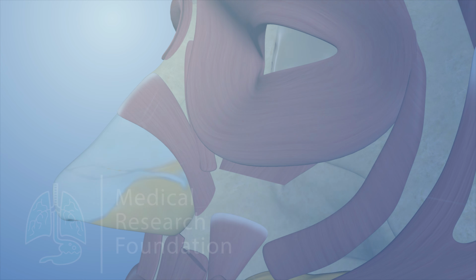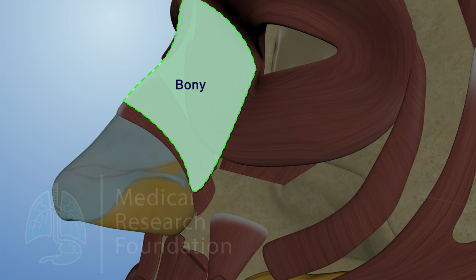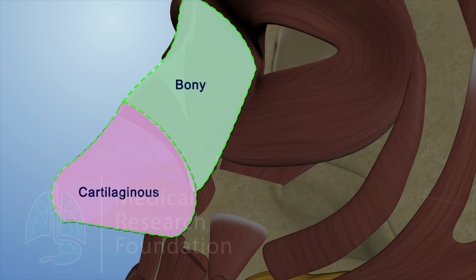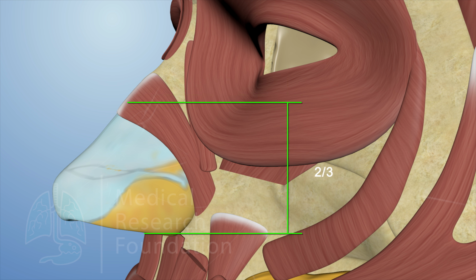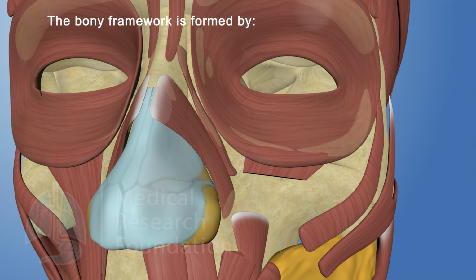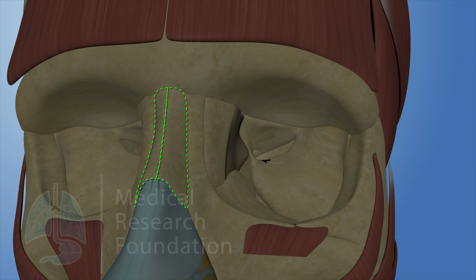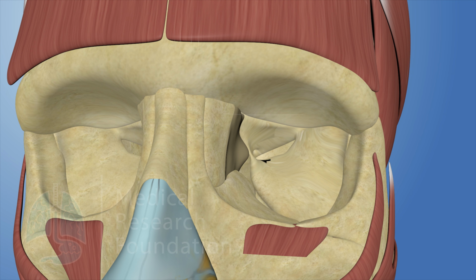Skeleton. The skeletal framework of the external nose is partly bony and partly cartilaginous. The upper 1/3 of the external nose is bony, and lower 2/3 is cartilaginous. The bony framework is formed by 2 nasal bones forming the bridge of the nose and frontal processes of the maxillae.